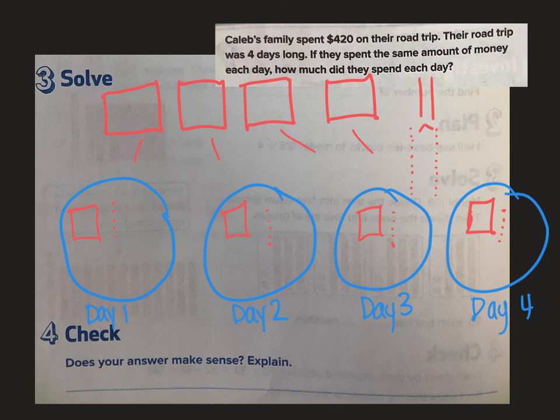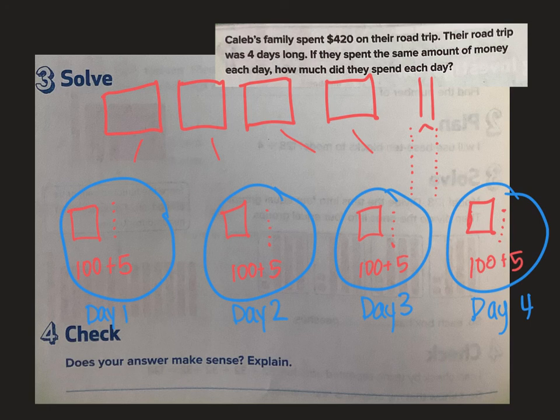Okay, I split my 20 up. So in each group I have 100 plus 1, 2, 3, 4, 5, 105. I don't really need to write these in every single box because they're all the same, right? But I will. So my answer is 105.